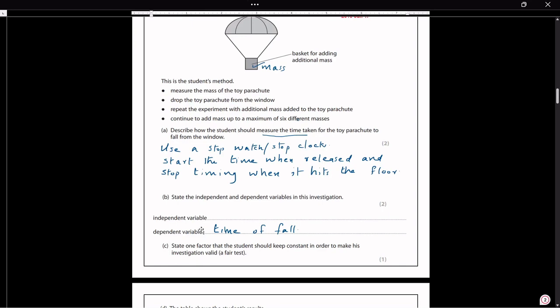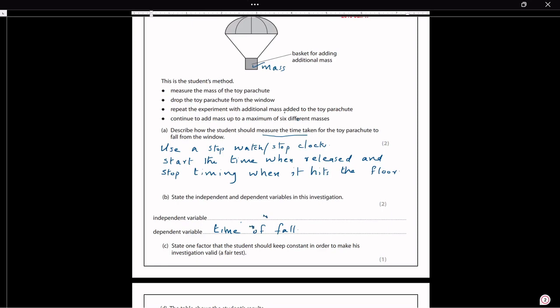Now, what is the independent variable? What is he controlling or fixing? The mass attached. See, it is given here: he is adding additional masses to the parachute. In the last bullet, continue to add the masses up to 6 masses.